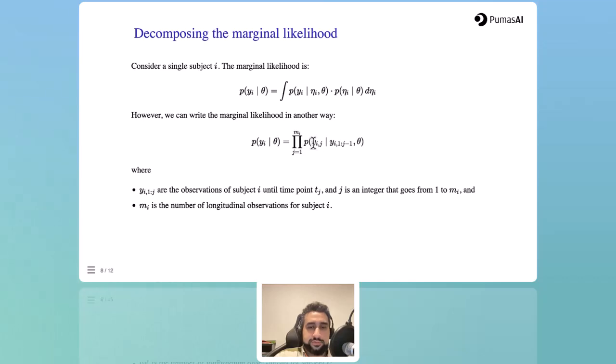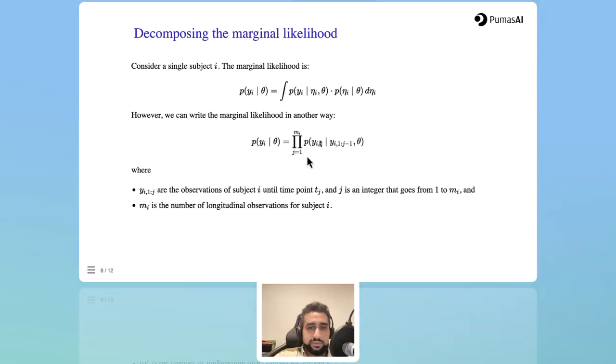So it's the probability of the first observation having seen nothing yet, given the population parameters, times the probability of the second observation having seen only the first observation. When j equals 2, this is 1 colon 1, meaning we've seen the first observation already, and we're asking what is the probability of the second observation having seen the first one.